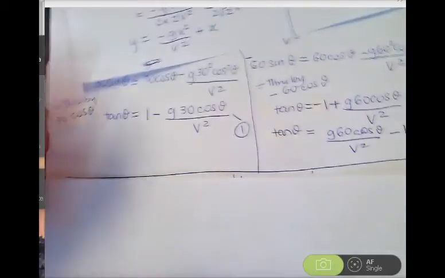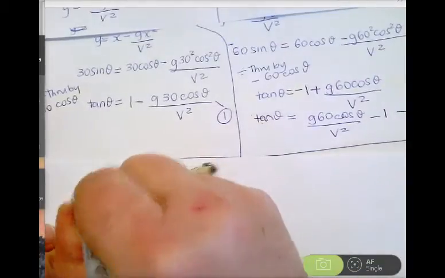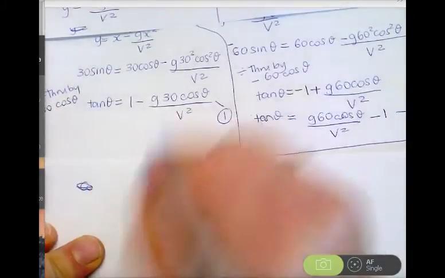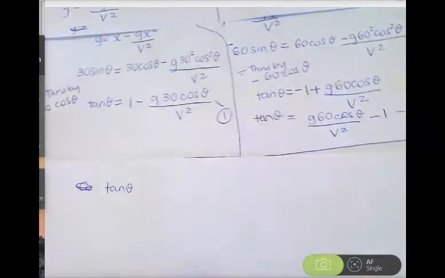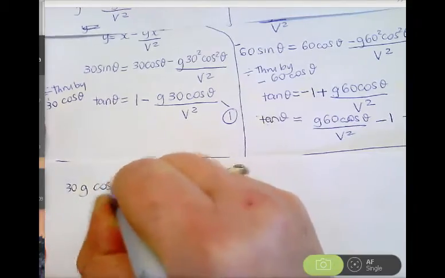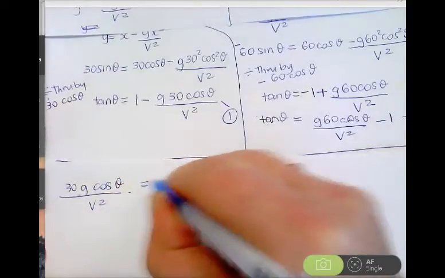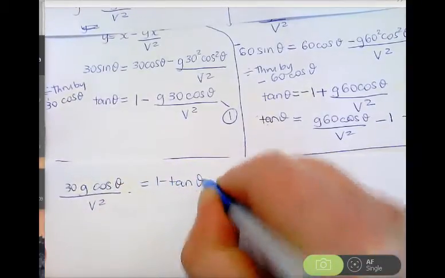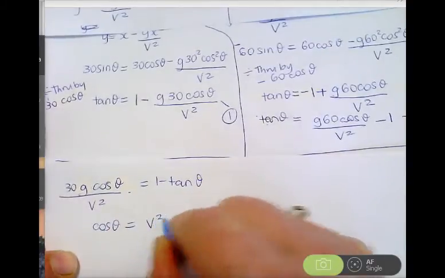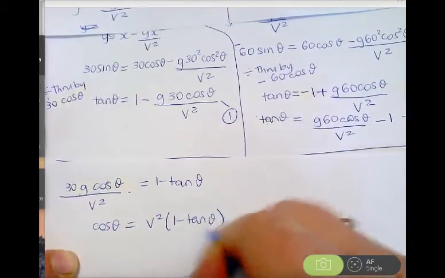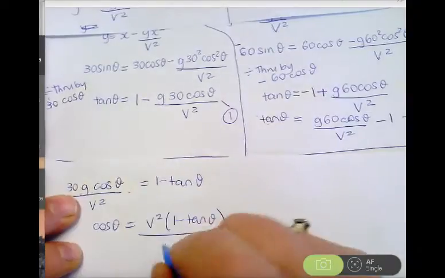So that didn't work, but that's okay, girls. This often happens with these questions. So let's make cos the subject. So what have I got? Continuing from there, 30g cos theta over v squared equals 1 minus tan theta. So therefore, cos theta is v squared, 1 minus tan theta over 30g.